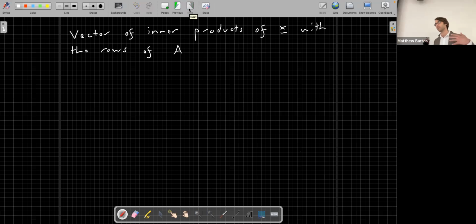There are two ways we can think about a matrix vector product. The first is the vector of inner products of X with the rows of A, which is the way you were probably taught in undergraduate. So let's say we have AX.